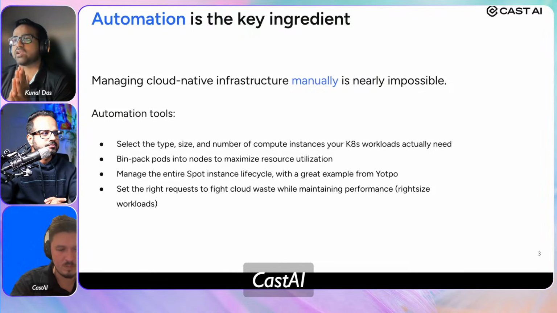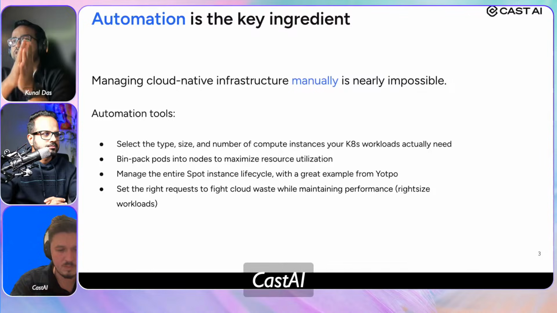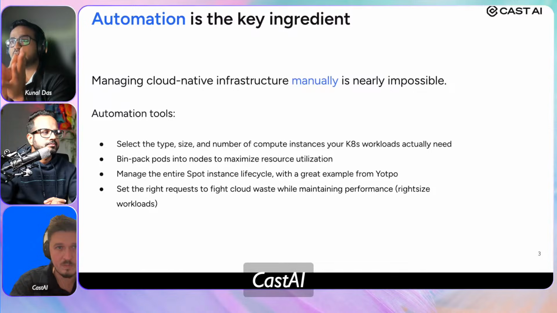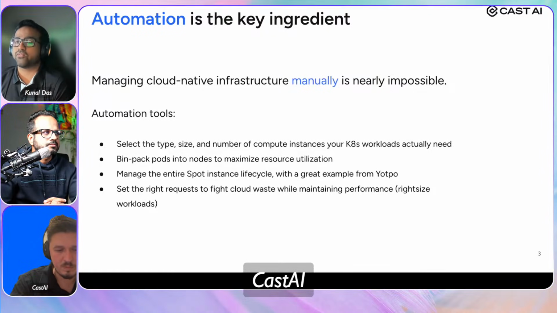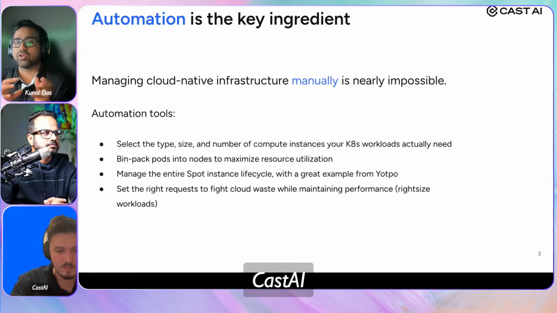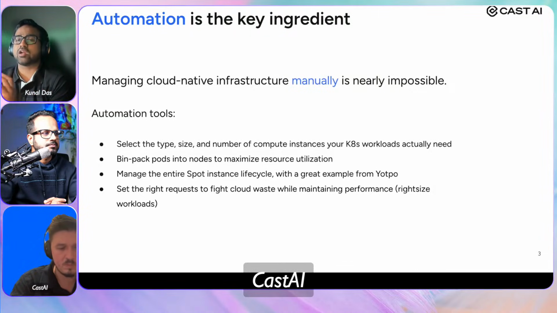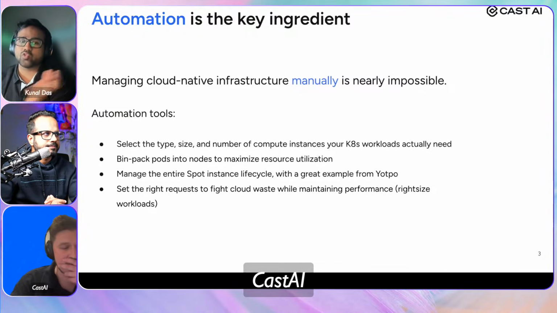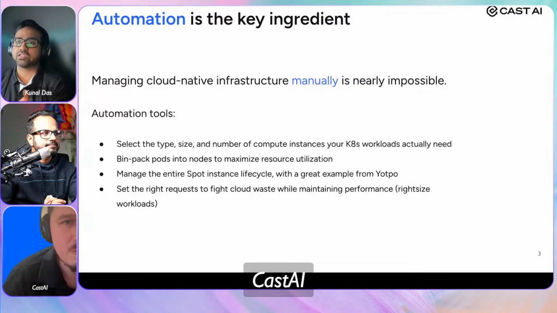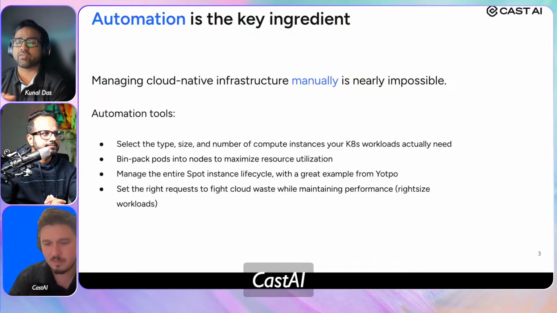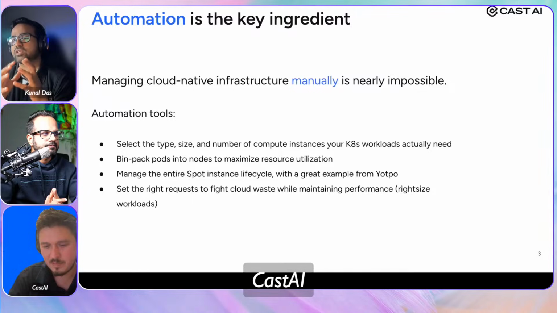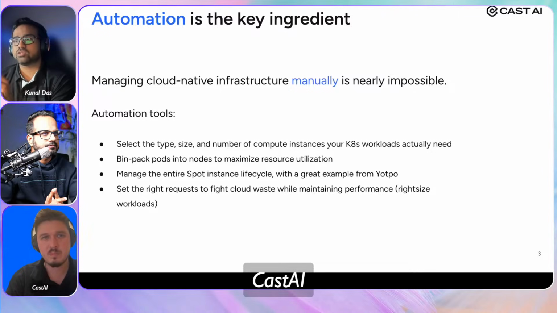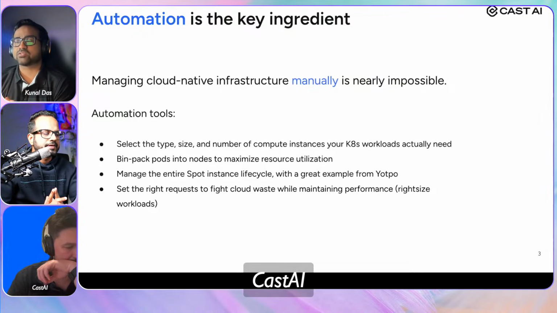So bin packing is an algorithm that decides which pod to place in which node, to make sure we are using the least number of nodes, while not leaving nodes underutilized and not putting so much workload on a node that it is overutilized and getting out of hand. That's why it's called the bin packing algorithm. We bin pack pods into nodes to maximize utilization.